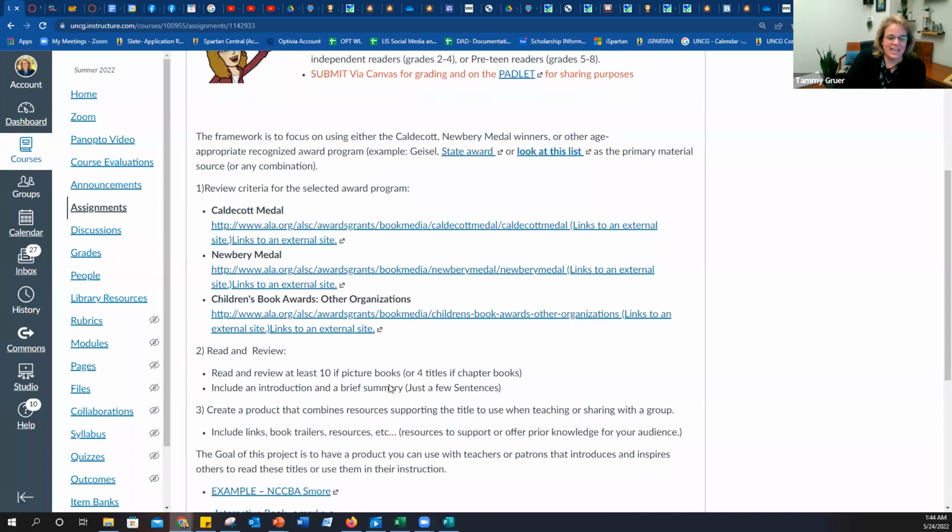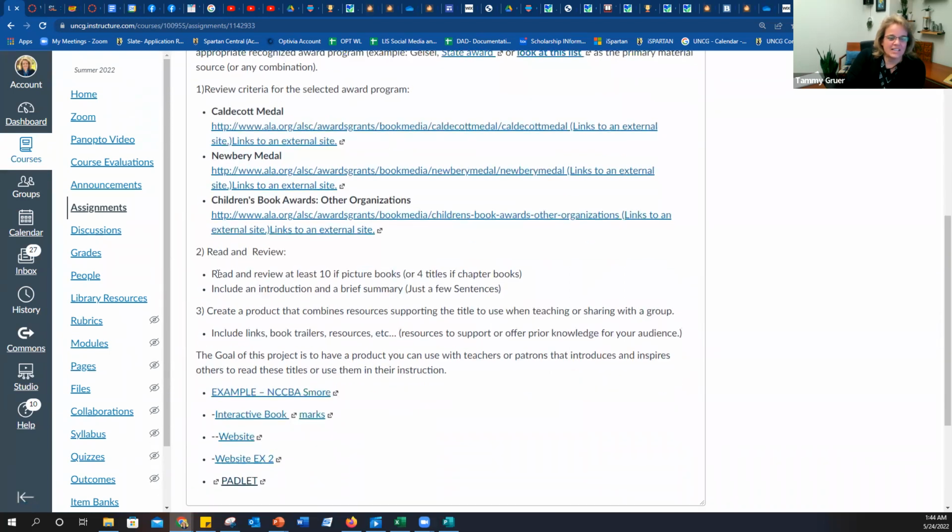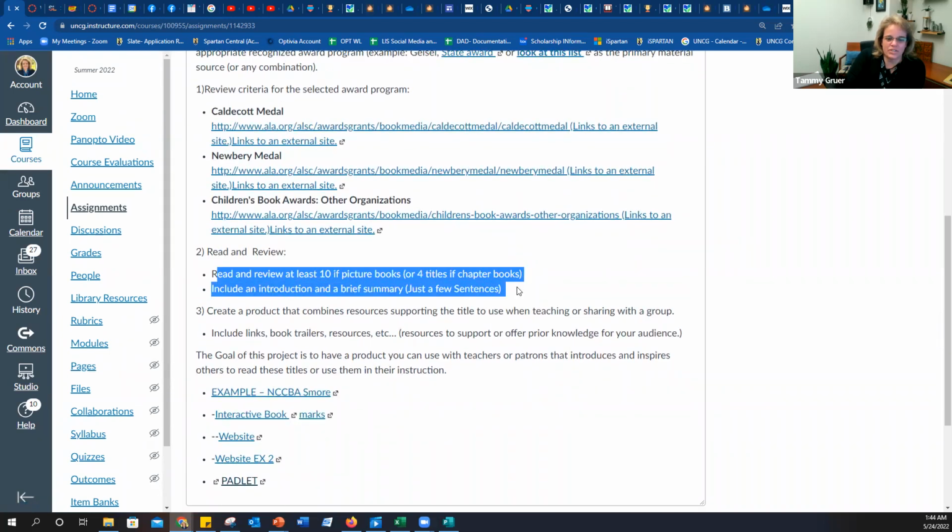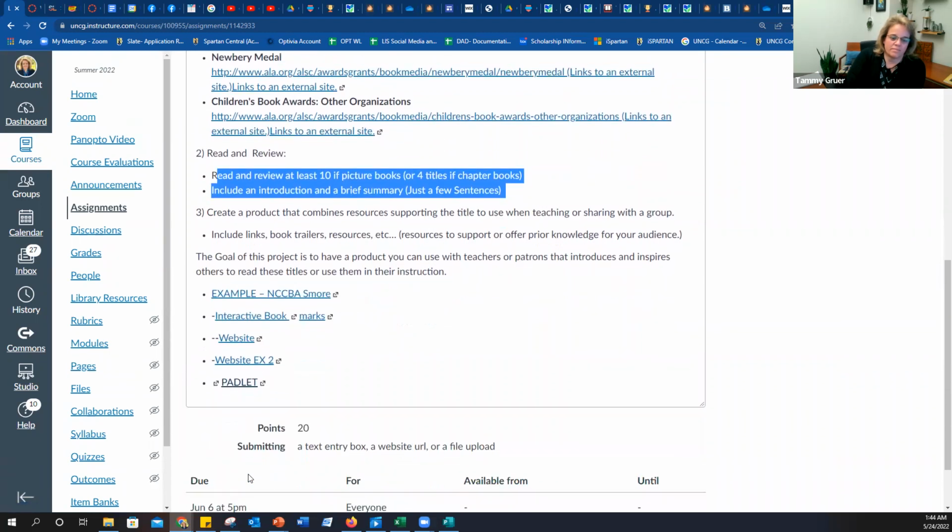We give you a link to the Caldecott, to the Newbery, to all of those different organizations. It talks here about how many books to do, 10 if they're picture, 4 if they're chapter. Include your introduction, a brief summary, just a few sentences of what that award is for and who it's honoring. And then I have given you a few examples here at the bottom.